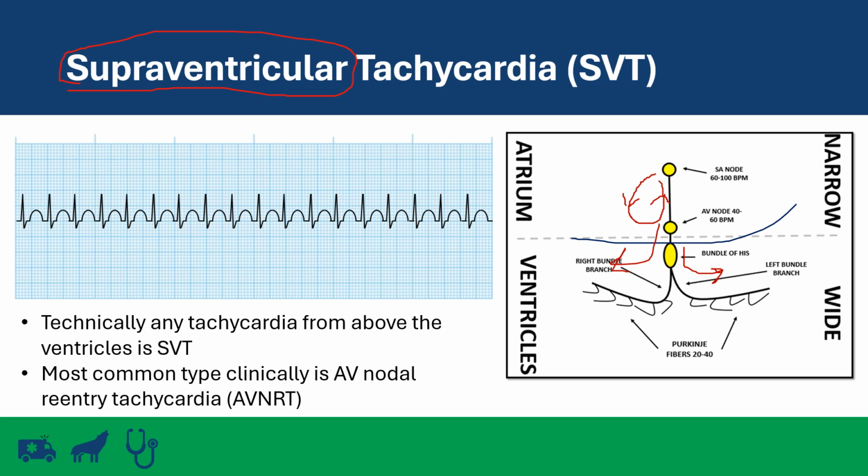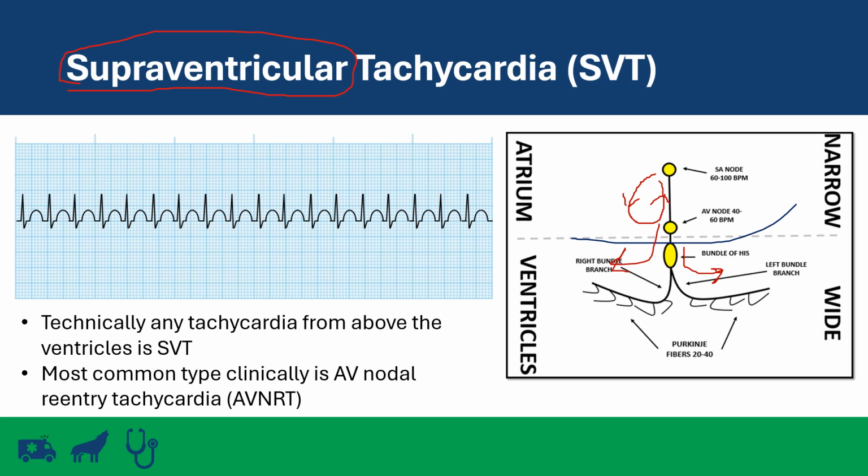So a few ways that you can tell that this is SVT on this strip here is you have a rapid rate. SVT is normally well over 150, commonly around 180 to 220. In SVT, you will have absent or abnormal P waves, and that's because these impulses are getting caught up in this reentry circuit. Additionally, we have a narrow QRS.